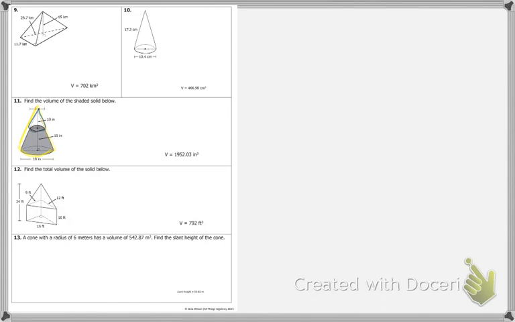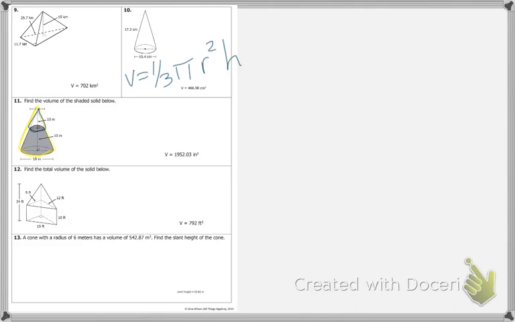So you get the volume of the big cone. Volume of a cone, if you remember, or if you've been looking through your notes, is one-third pi radius squared times the height of the cone.